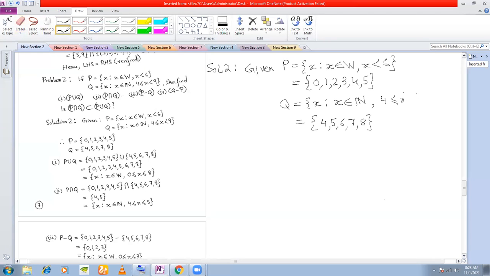So 4 less than or equal to x, less than 9. This is what it means. Okay. So this symbol is very important. We'll be using it extensively in many places. So please remember this symbol, what it means: 4 less than or equal to x, less than 9.